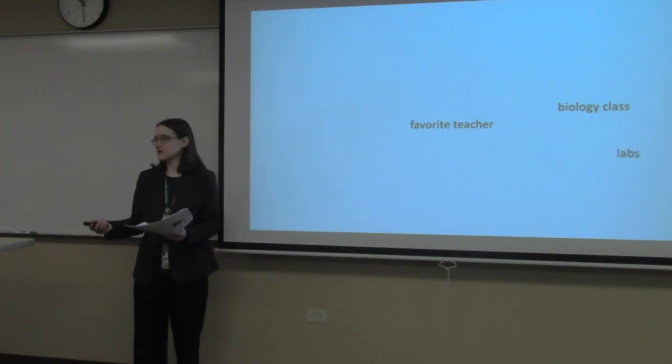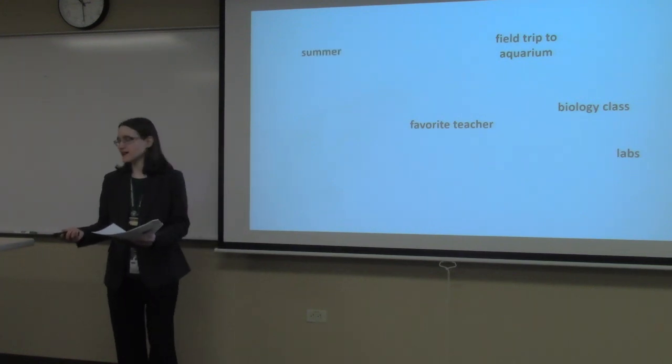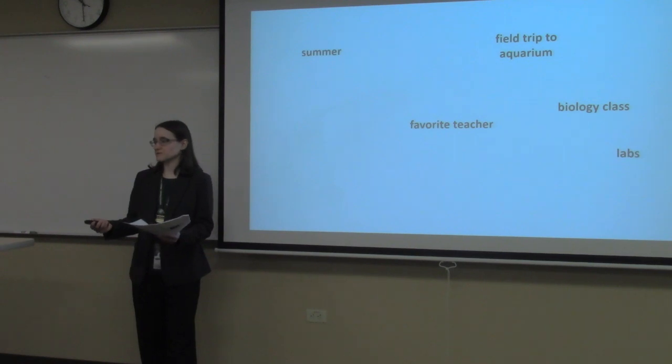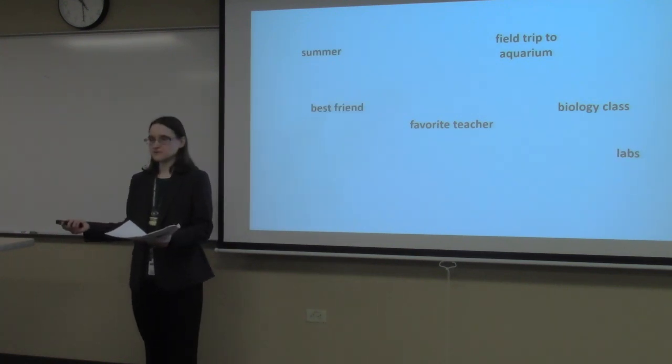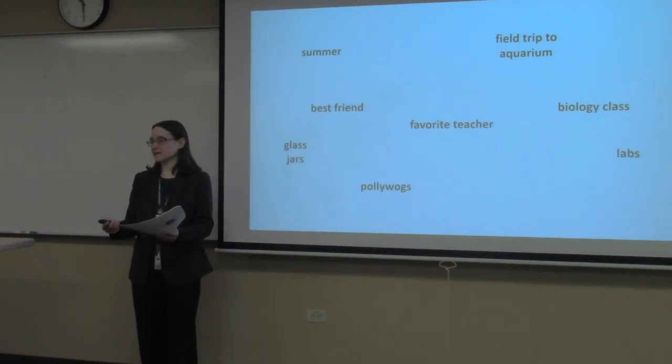I really liked her. We had labs in the class, and a field trip to the aquarium that I really liked. Speaking of aquariums, it happened during the summer semester, and for some reason we had more time. Also that summer, my best friend and I took some glass jars and caught some pollywogs in them.